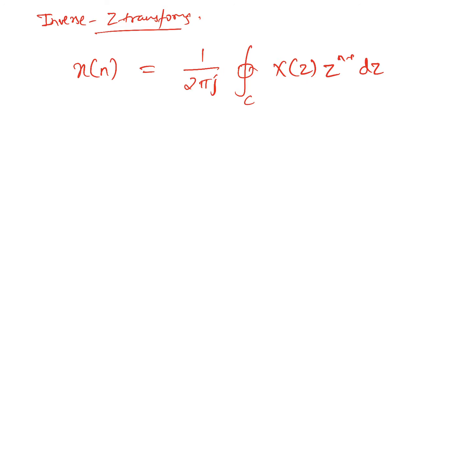This integral is not the regular integral you often encounter with real valued functions. Because x of z is a complex valued function, C represents a closed contour within the ROC of the Z transform.